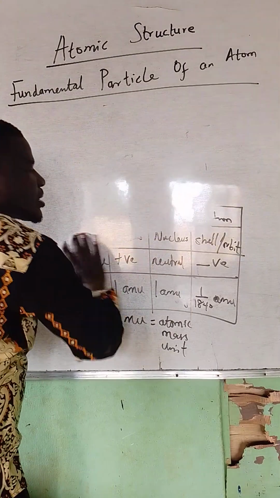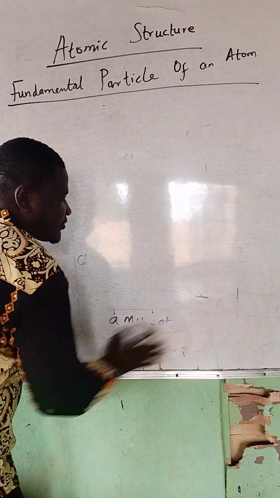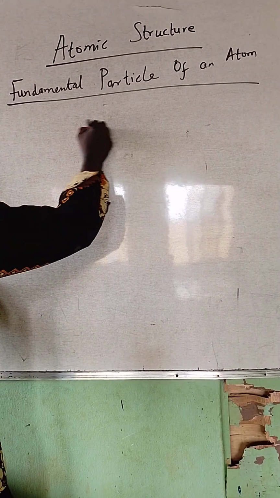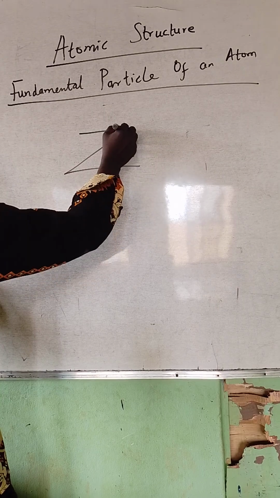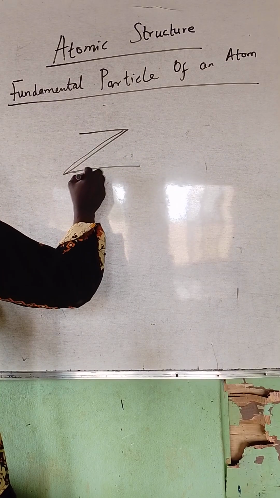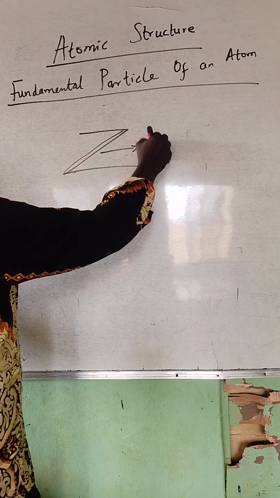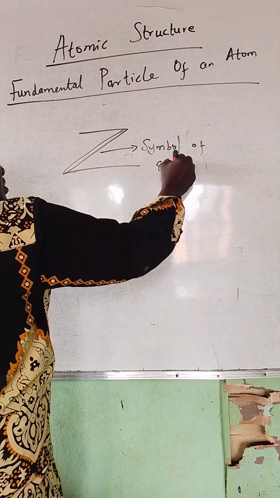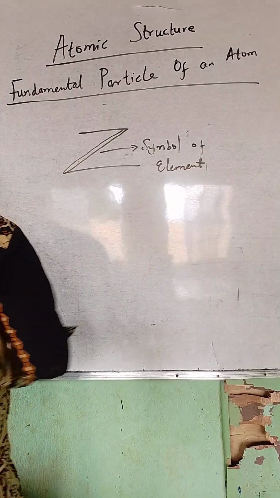So, in an element, you can find these three particles. Let's use this symbol to represent the symbol of an element.